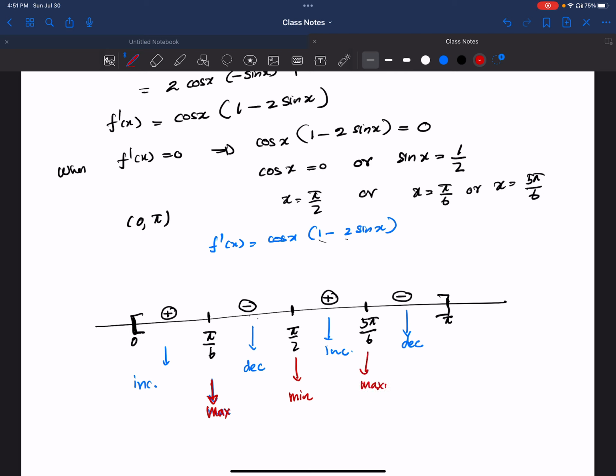So you have two local maximum values and one local minimum value, because of the sign changes of f prime x.